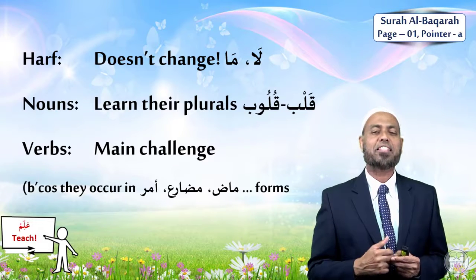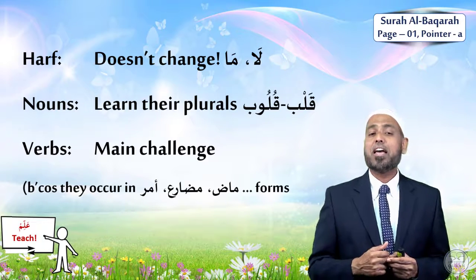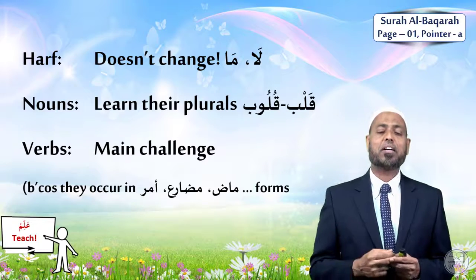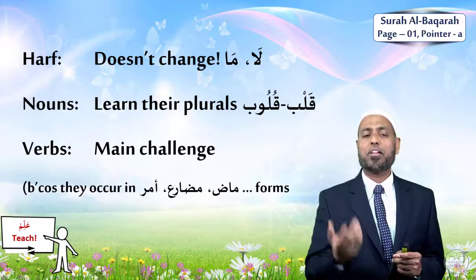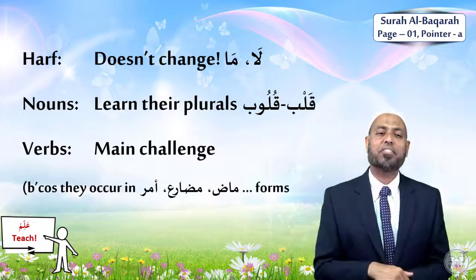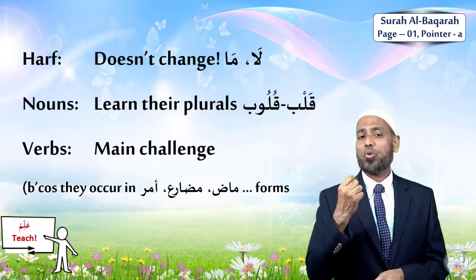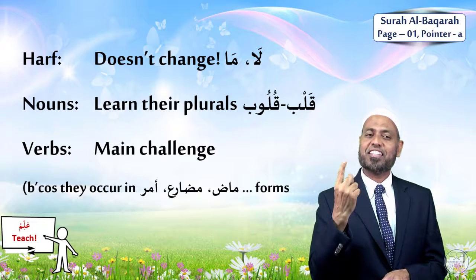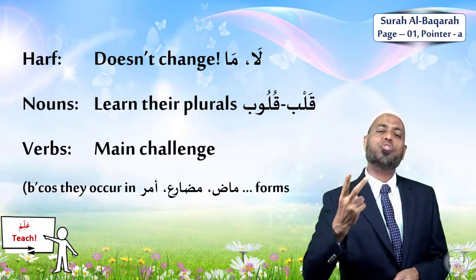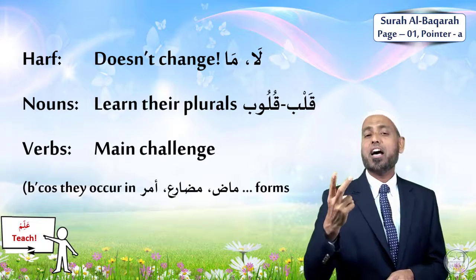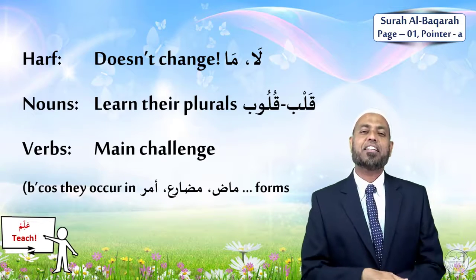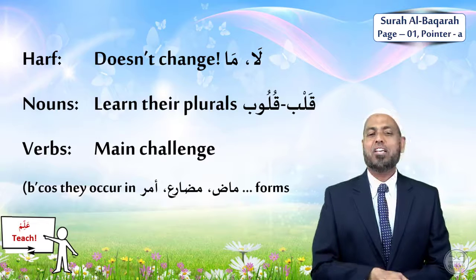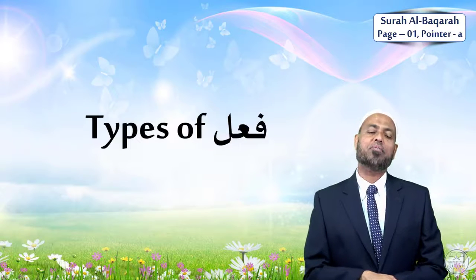Verbs pose the main challenge because each of the verbs can occur in madi, mudari, amr, fa'il, maf'ul, all of these forms. So again, huruf don't change. For nouns, you just have to learn their plurals, and the main challenge is verb. Can you teach, Alim? So let us focus on fi'l.